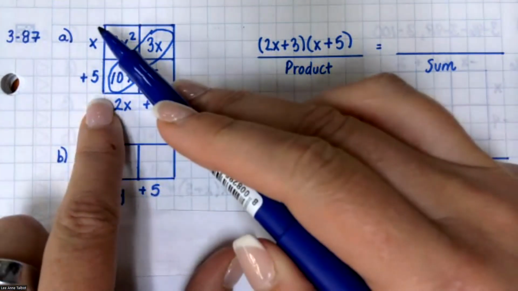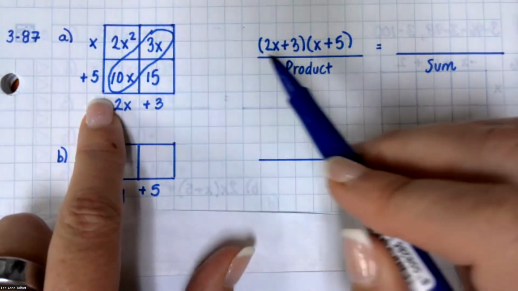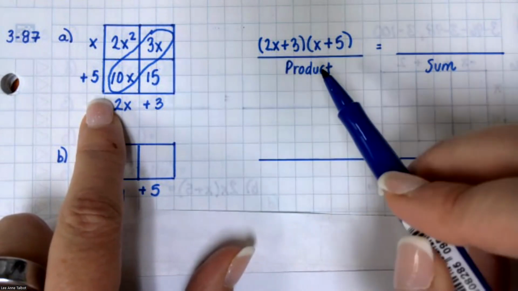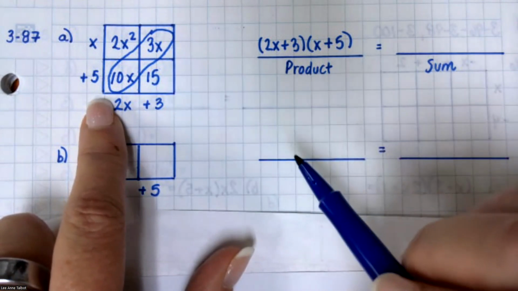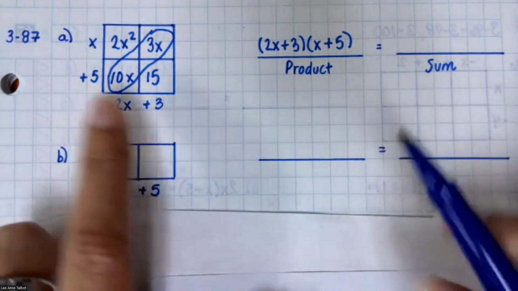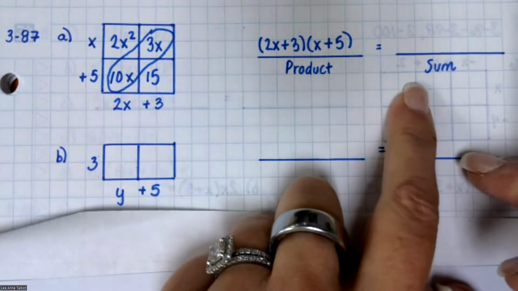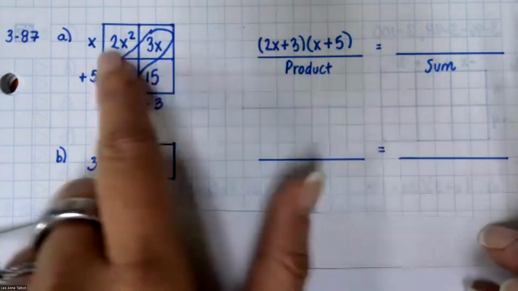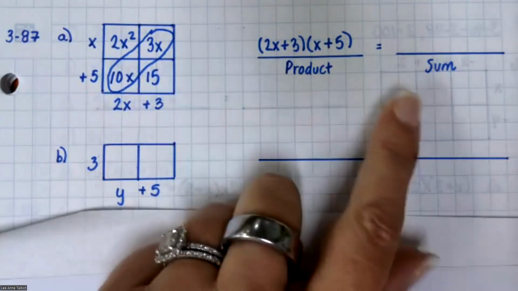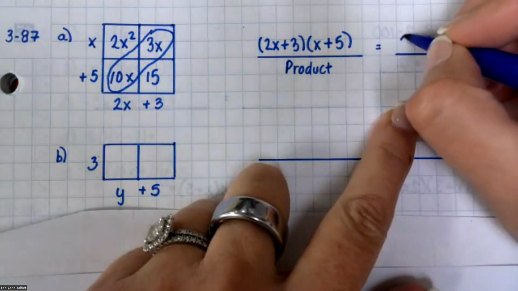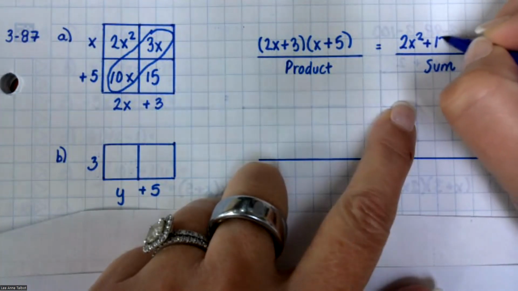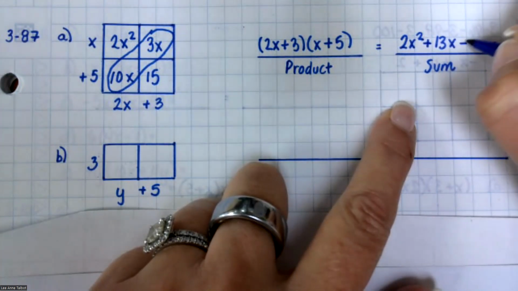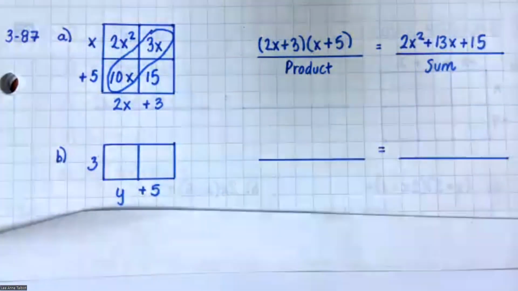You can put x plus 5 in front and 2x plus 3 second also. It doesn't matter because multiplication can go any which way. Now the sum is the number of tiles inside the boxes. So we have 2x squared tiles plus 13x tiles plus 15 ones tiles.